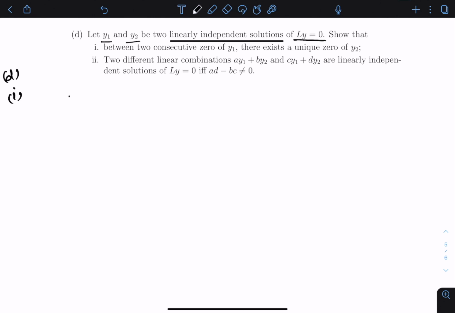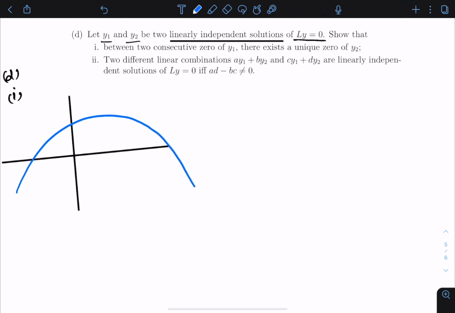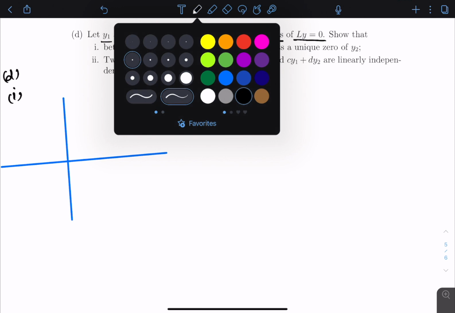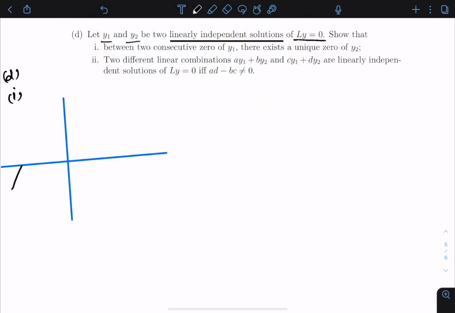Okay, for instance, suppose say this is your solution y1, and this has two consecutive zeros here.